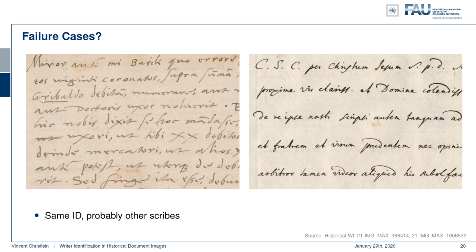Not per se wrongly labeled, because we chose the writer ID to be the author ID. So of course there can be secretaries involved, and so the writer is actually not the same as the author of the text. And I guess this is the reason why some of the labels are obviously, from a writer perspective, wrong.